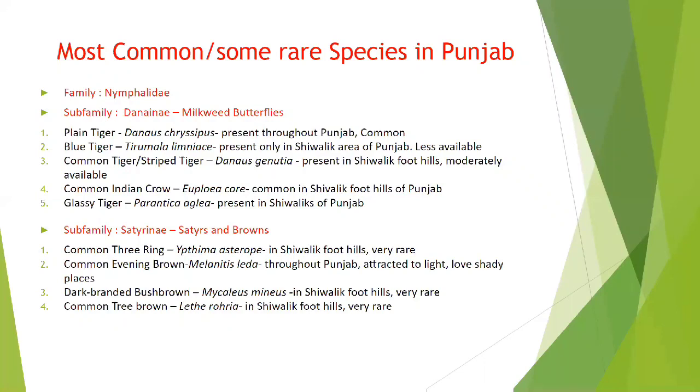And even striped tiger is also quite rare. Subfamily Satyrinae: 3-ring, quite rare. Common evening brown, quite common. Dark brinded bush brown, quite rare. And common tree brown, which is again quite rare.